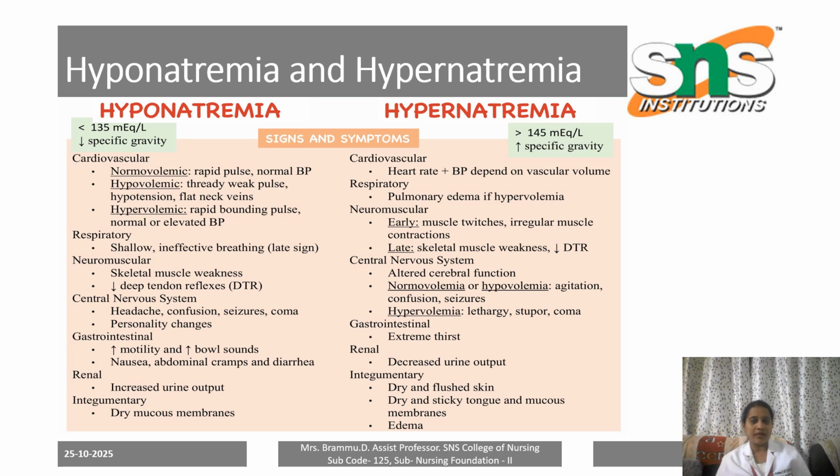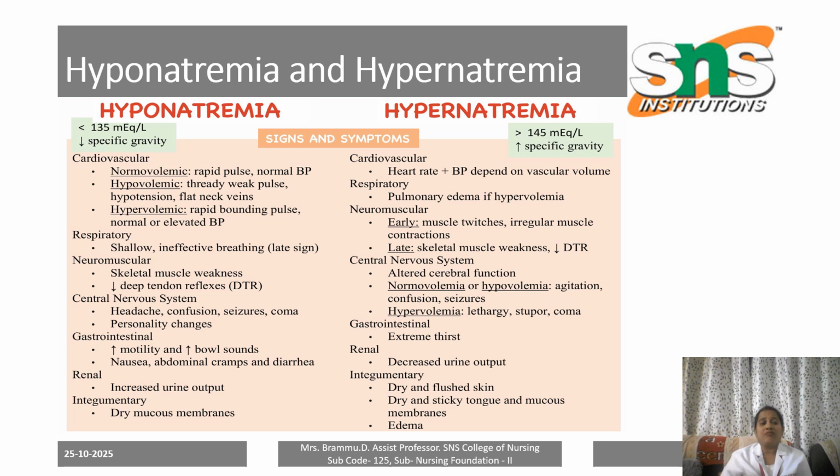On the other hand, in hypernatremia, the blood content is normal, but still the sodium level is high, hence the heart rhythm is changing and the heart rate is increased. And when the heart rate is increasing, of course, it directly depends on the cardiac output. There are changes which cause the BP to also get altered due to the vascular volume.